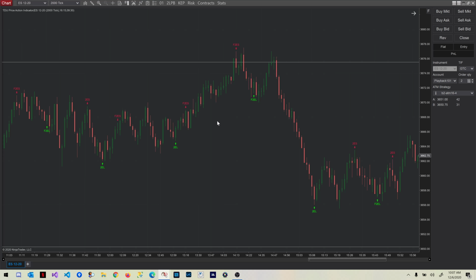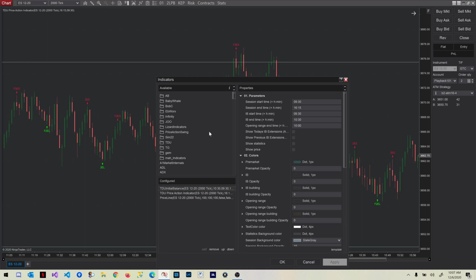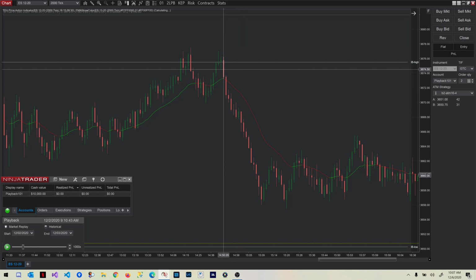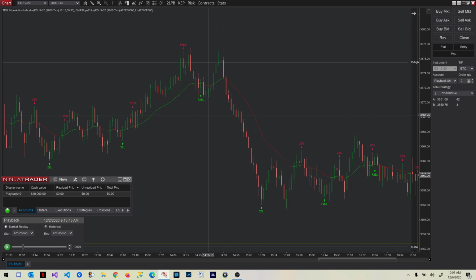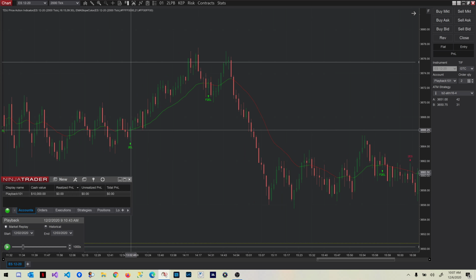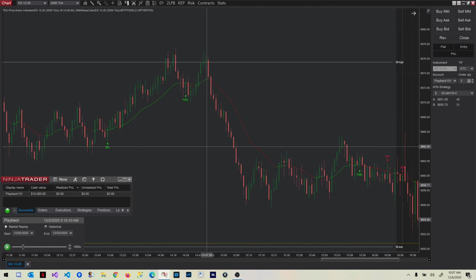What else did we change? If we now add a, let's see, where is it? 21 EMA. Then you will notice that if you enable the show trades at key entry points only, the EMA is now a key entry point.